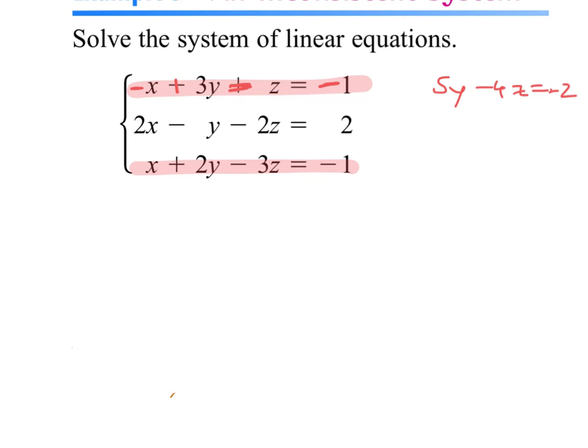Which two do you want to work with next? Second and third. So again, we have to get our x's to cancel. What do we need to multiply by our third equation to get them to cancel out? Negative 2. So multiply everything by negative 2.